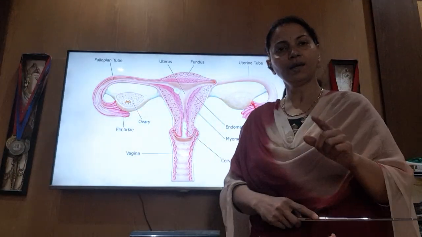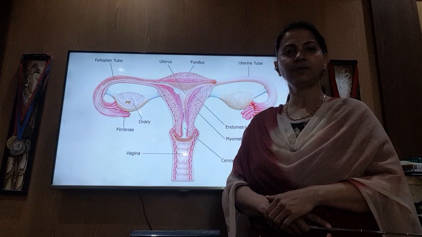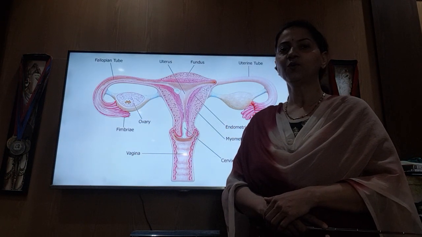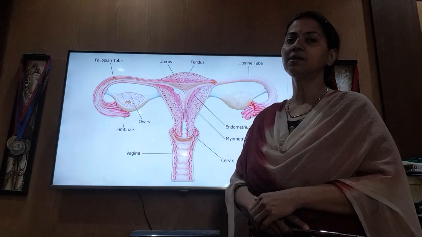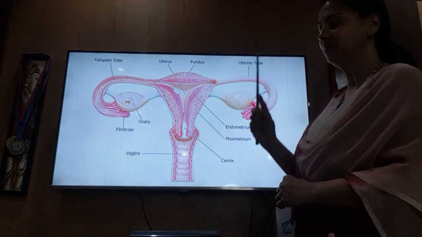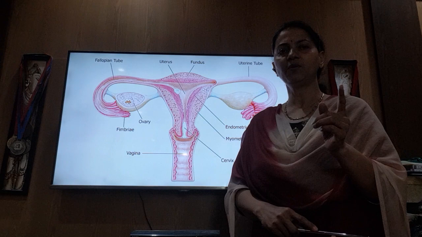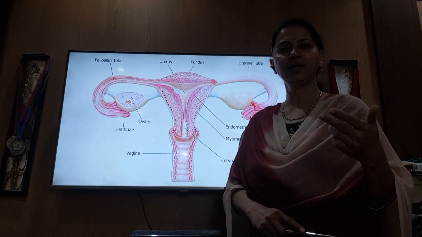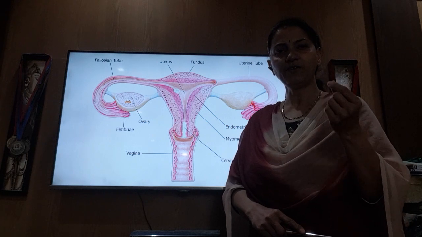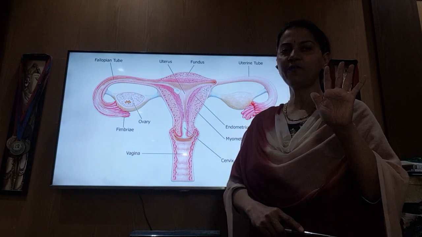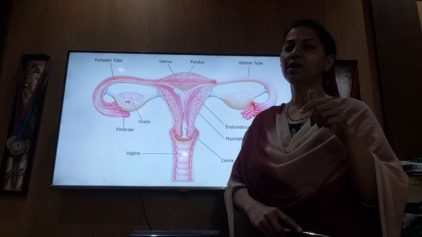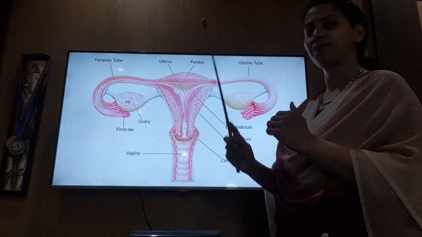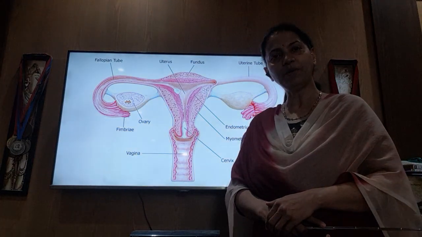Again add 2.5 centimeters, it becomes 7.5. So it is 7.5 centimeters long. So just remember one figure, 2.5. Go on adding 2.5 to it again and again. So 2.5 centimeters thick, 5 centimeters broad, 7.5 centimeters long. So you have understood the dimensions.